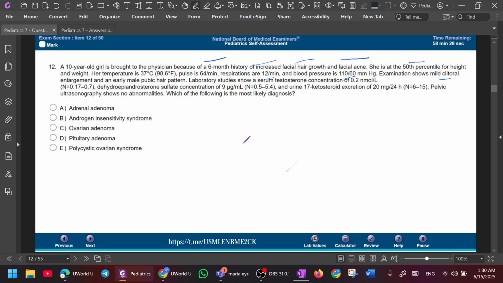The dehydroepiandrosterone sulfate is high, and urine 17-ketosteroid excretion is 20 milligram per 24 hours. Pelvic ultrasonography shows no abnormality. Which of the following is the most likely diagnosis?